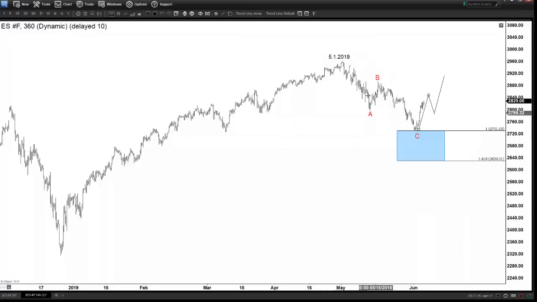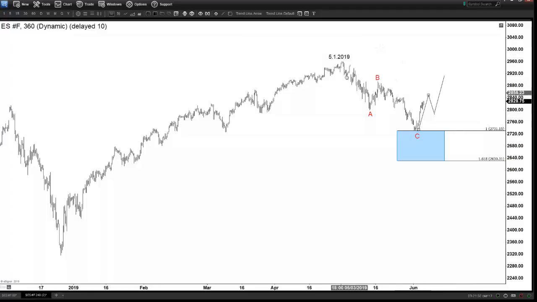So far the decline has been corrective, it's not impulsive, and so we've got a 10-year bullish market in the stock market. A lot of people in the whole world have been trying to pick the top in the past many years, and those people that want to become a hero and pick a top have already blown up their accounts many times, right?